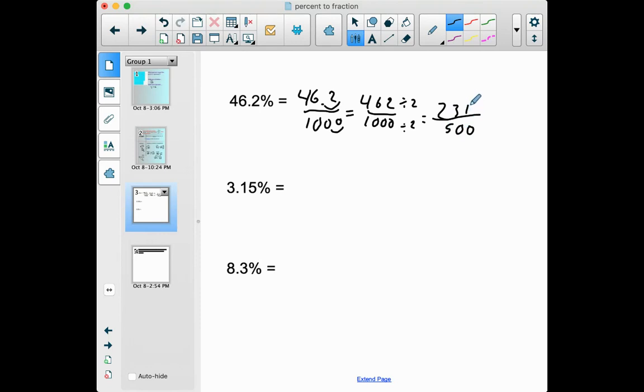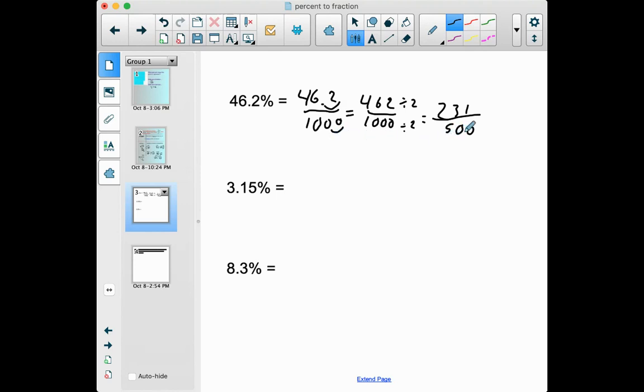Now, if it helps, think back to what we know about factoring numbers. Remember the prime factorization we did last unit? A 10 is made up of a 2 and a 5. So any power of 10, whether it's 10 or 100 or 1,000, is only going to have prime factors of 2s and 5s.